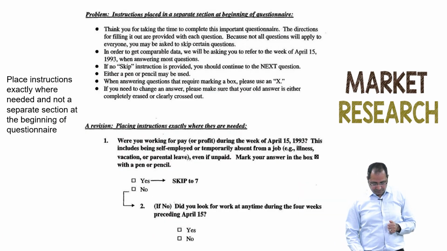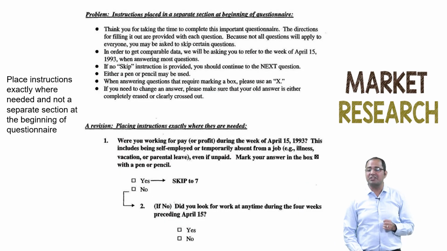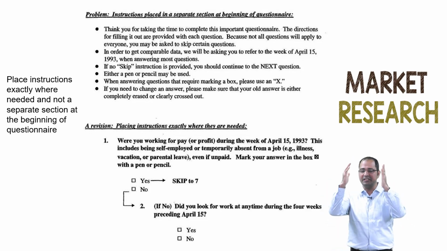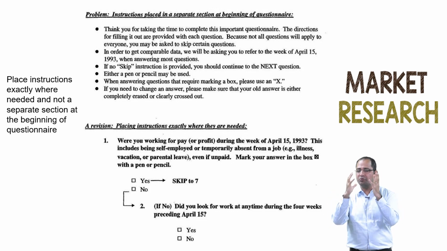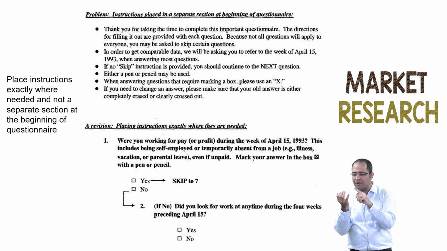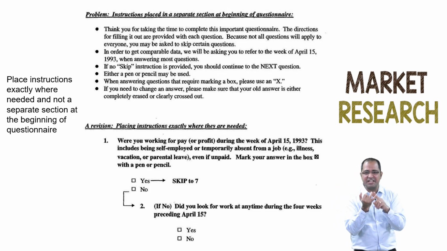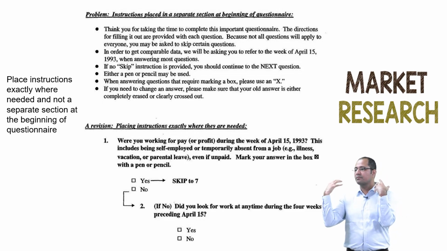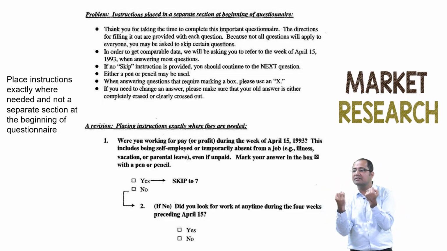Instructions. Once you are floating a survey, the first page should have the information about who is the agency conducting this survey, what this survey is about, and how much time it will take of the respondent.